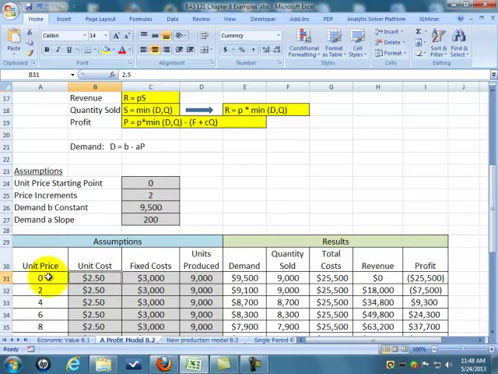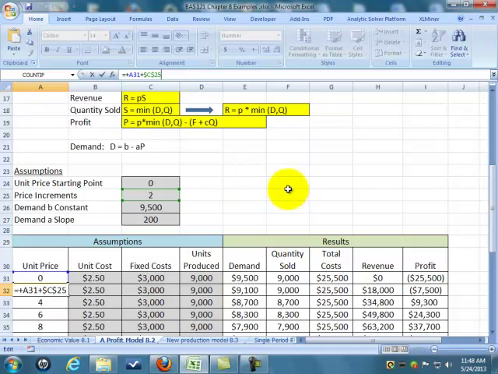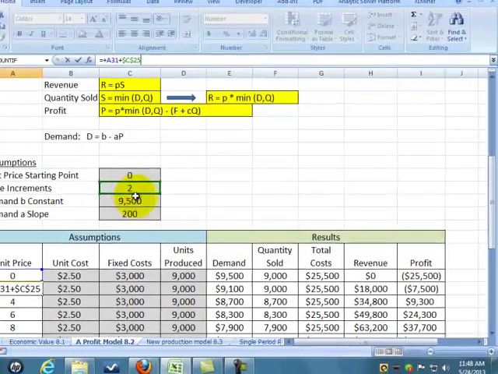Here I just took the unit price to equal the starting point plus whatever increment we're increasing it by. So those functions should make some sense to you, right? That allows us to fill that down so we can see several different price increments, and it gives our spreadsheet lots of flexibility.